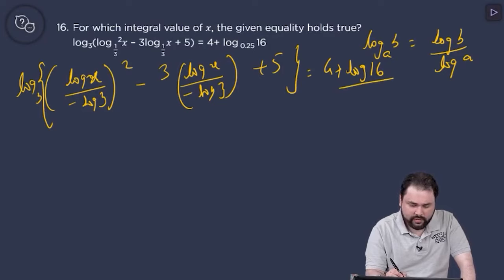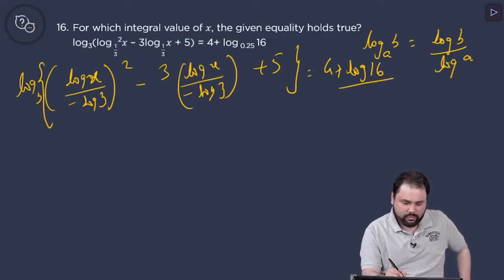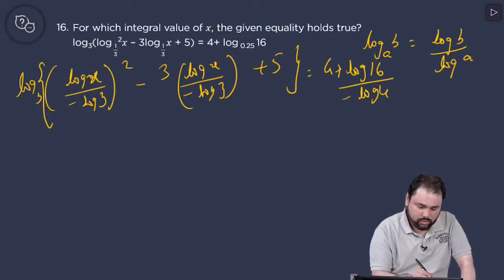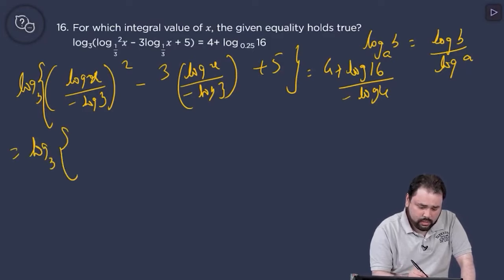Now that is 0.5 whole squared, that's log 0.5 whole squared. Or 0.25 is what? It is 1/4, which is log 4 to the power of minus 1, which is minus log 4, which is log base 3. So log x by log 3 whole squared.